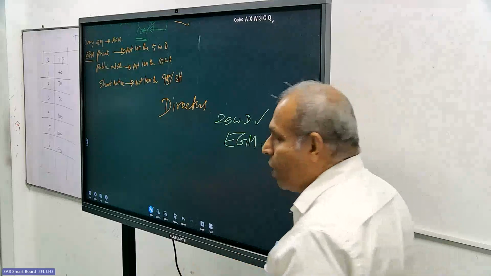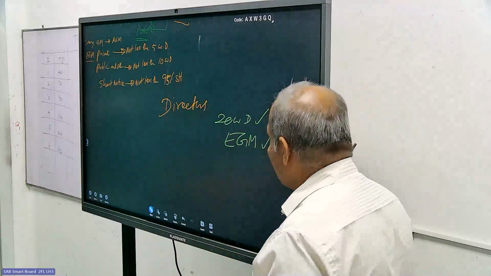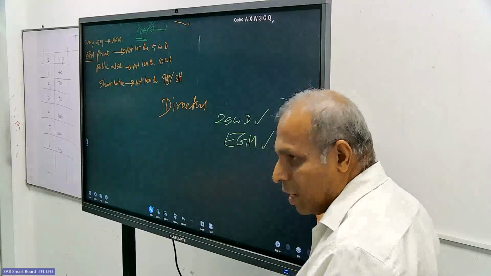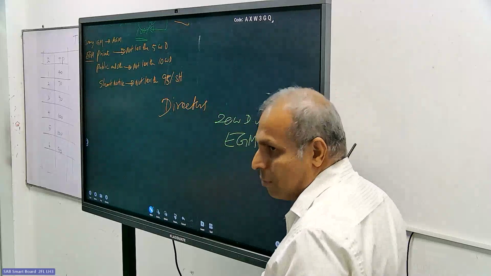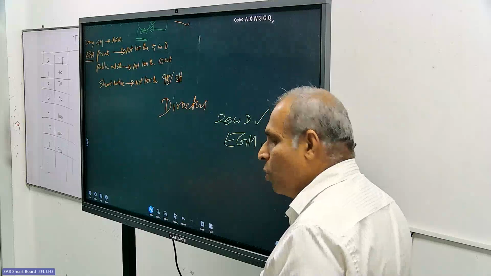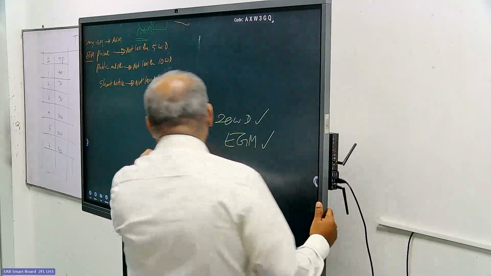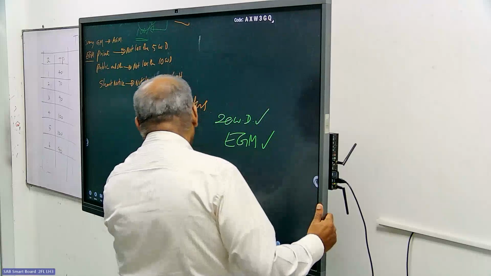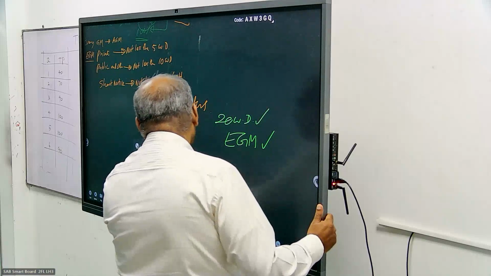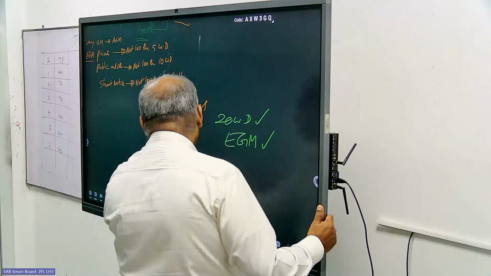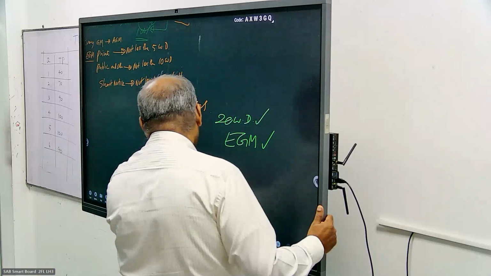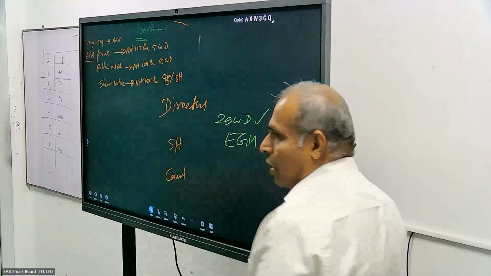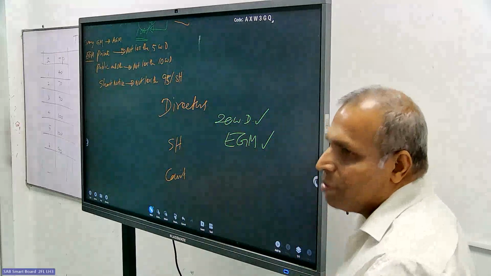So, in order to explain it, within 20 working days, the director must call an EGM. So the board, the directors, can call extraordinary general meetings.